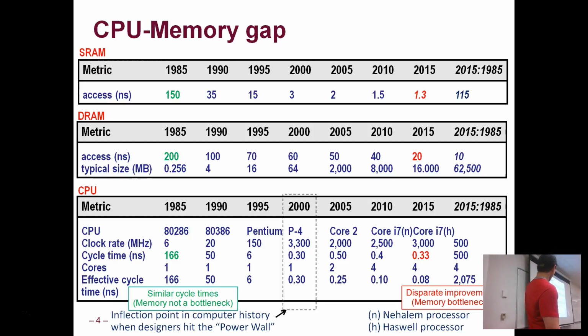So this is why you have x86 as a register-poor architecture, because memory is as fast as your CPU speed. I don't need a lot of registers. I can go straight to memory for all of my data.